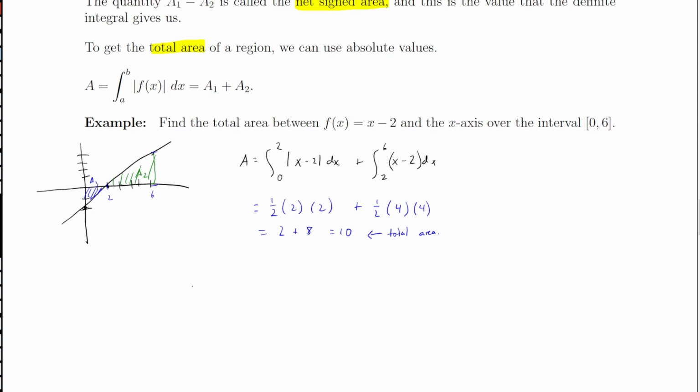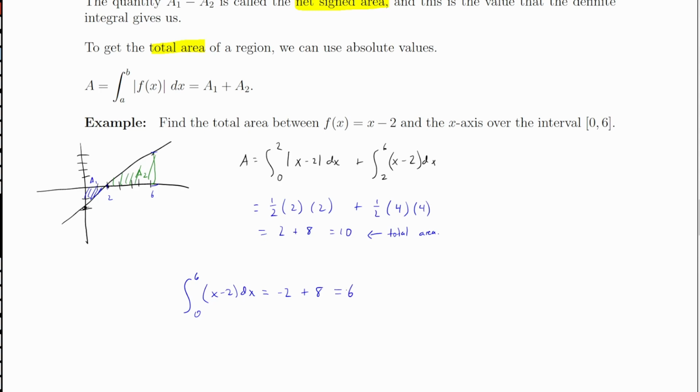However, if I were to find the integral from 0 to 6 of just x minus 2 dx, the area below the axis would count as negative. So that first area we found was 2, so it would be negative 2, and the stuff above the axis would count positive. So I would get 6.